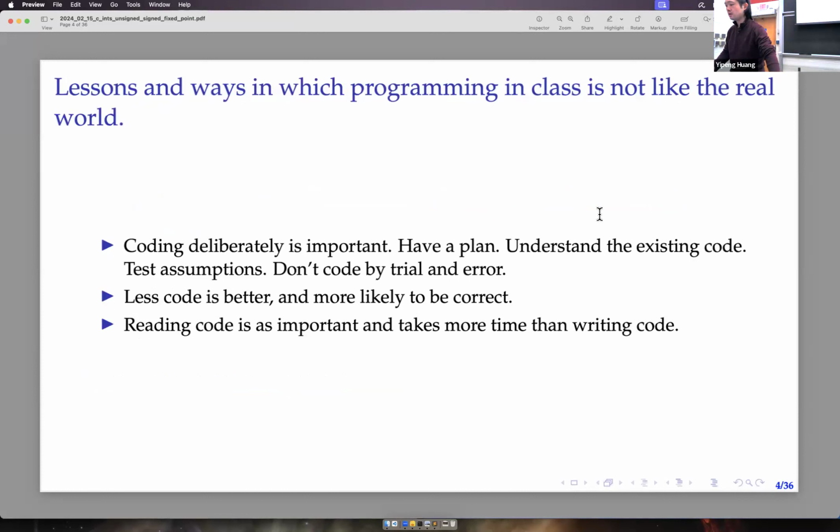So some key takeaways. One of the most important things about programming I'm hoping to cultivate from these programming assignments is that it helps a lot to head into writing your program with a plan.